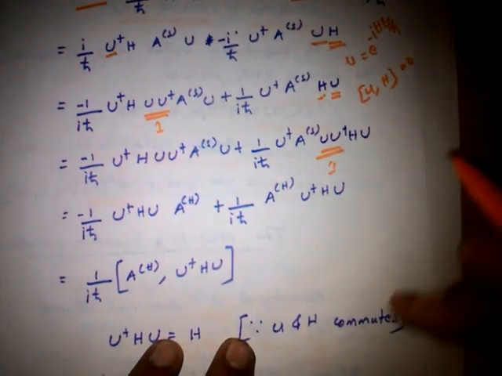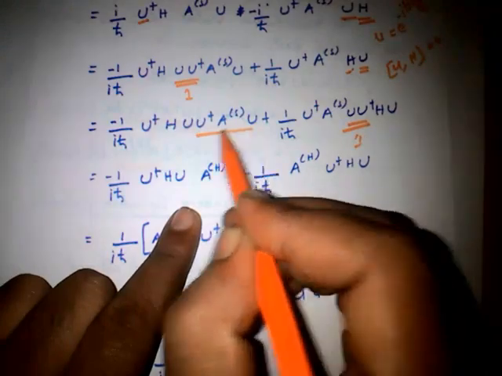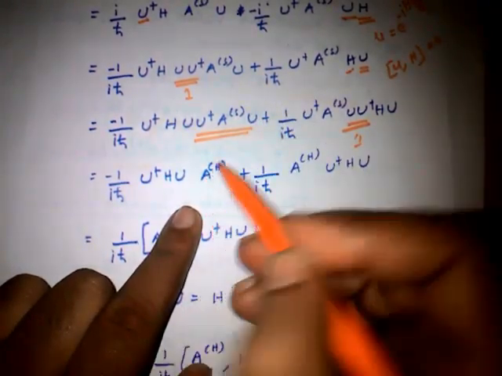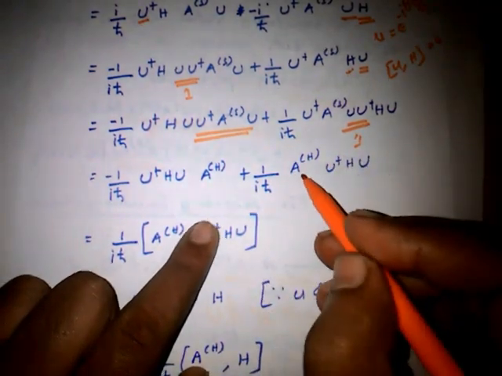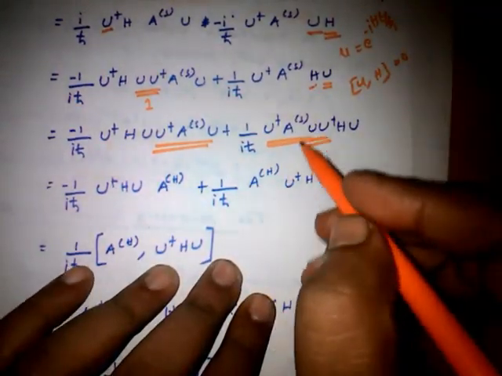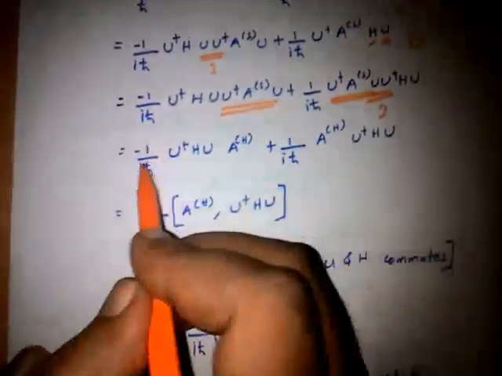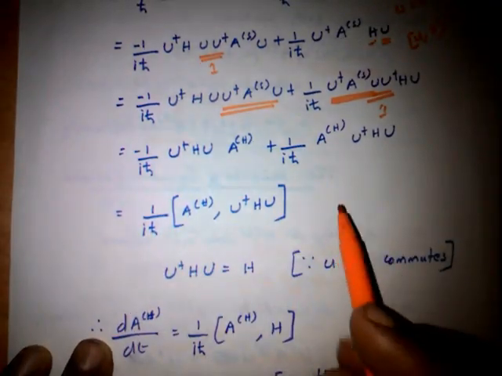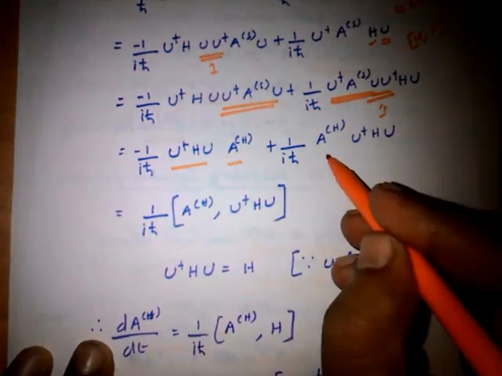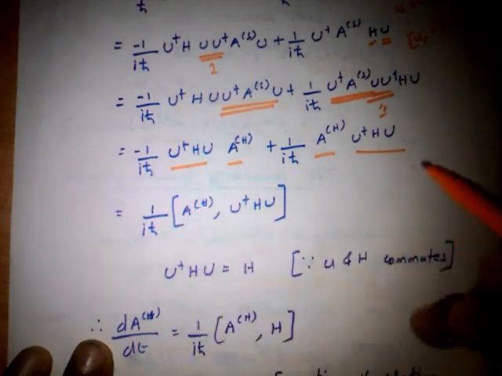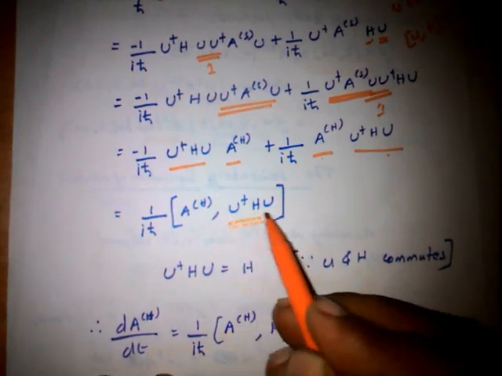The term U dagger A_S U we know is A in Heisenberg's picture, and the other term, U dagger A_S U, is also A in Heisenberg's picture, times U dagger H U. I can take 1 over i h cross outside and write this in the form AB minus BA, the commutator of A and B, where instead of B here it is U dagger H U.